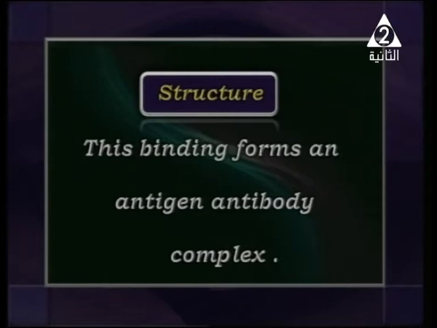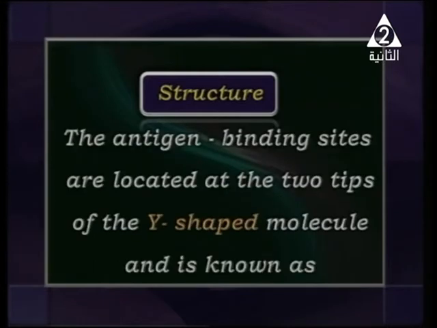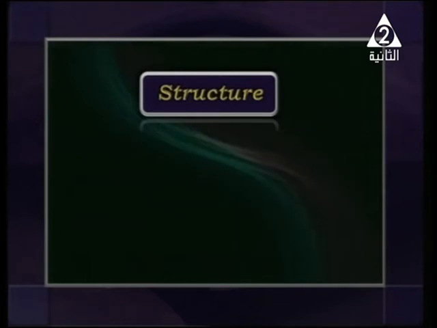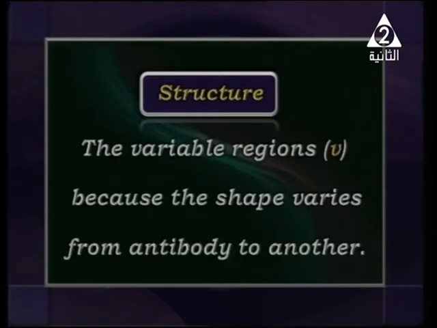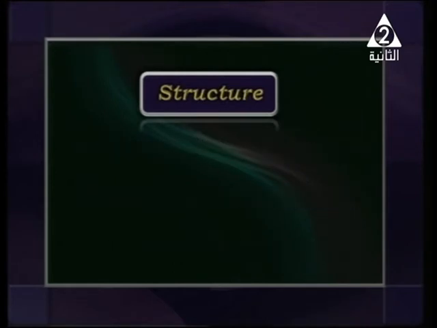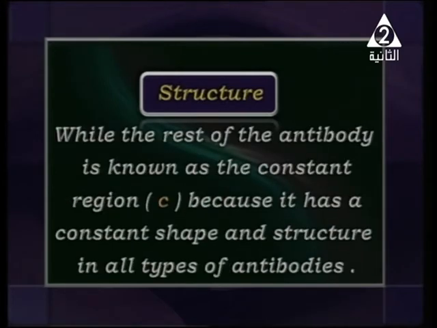The antigen binding sites are located at the two tips of the Y-shaped molecule, and they are known as the variable region, or V, because the shape varies from one antibody to another, so it doesn't have a fixed shape.